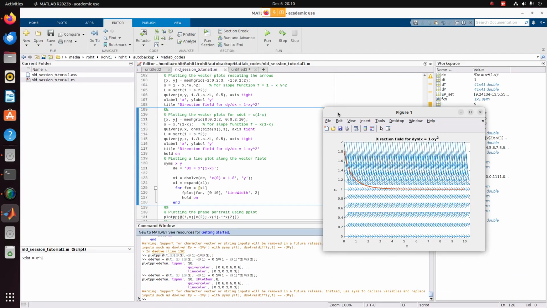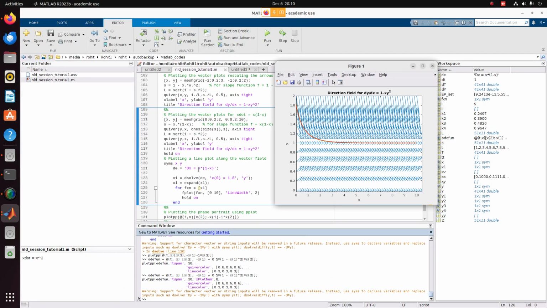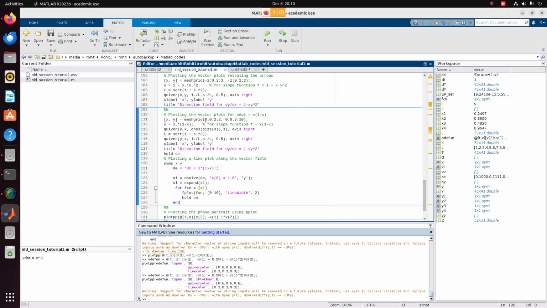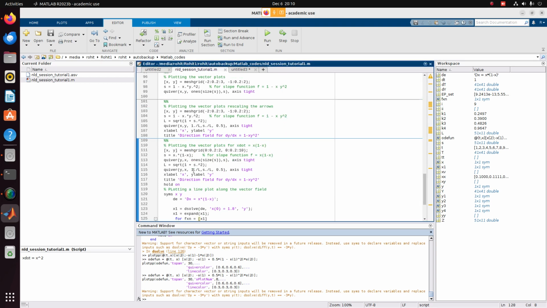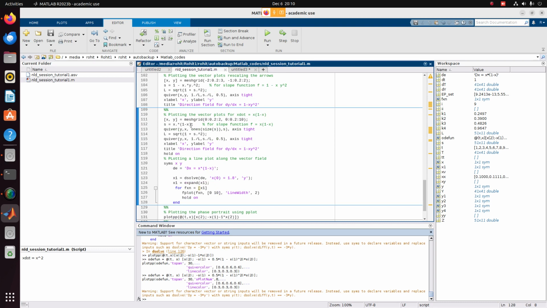you can see here I have just plotted x into 1 minus x on this direction vector field. You can change here, so here I have not used the equation 1 minus xy square, instead I am using our normal equation x dot is equal to x into 1 minus x, the equation which I am considering, and I have plotted the quiver plot for that.